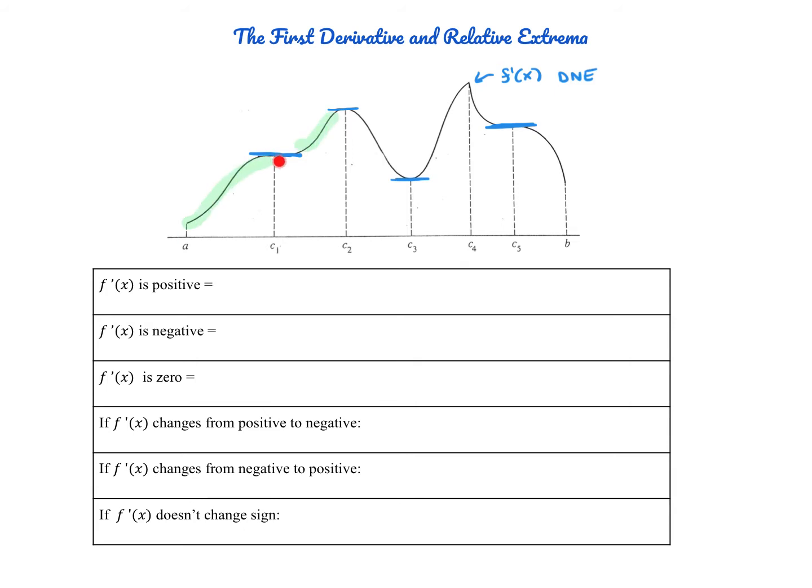It does hit 0 for a second, but then it continues being positive. You see it's positive here, and then the rest would be negative or 0. So those intervals would be from A to C1, and then from C1 to C2, and from C3 to C4.